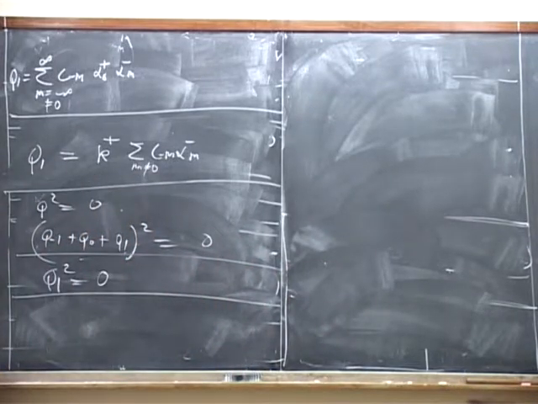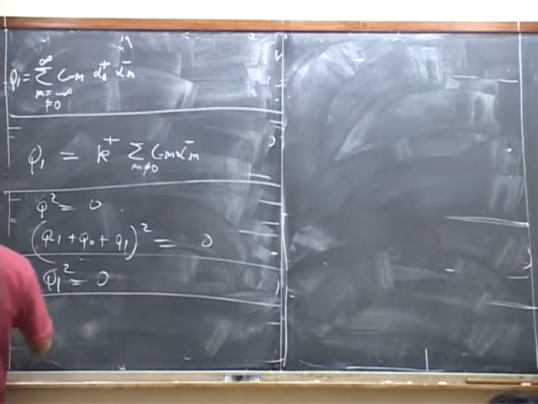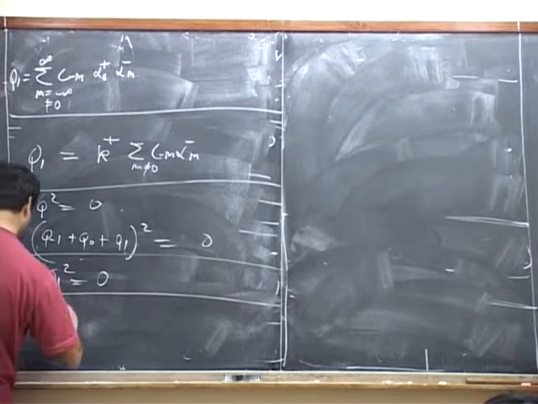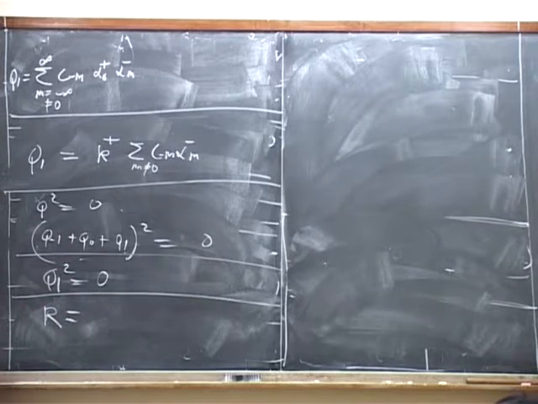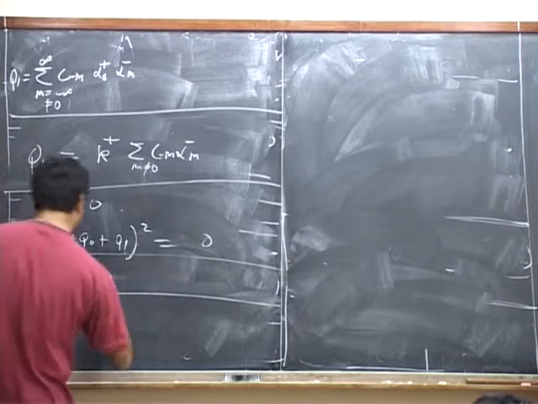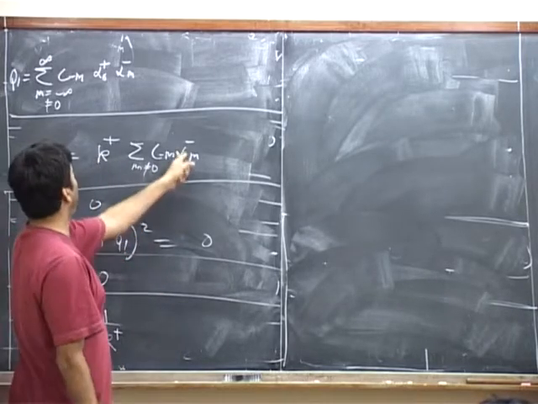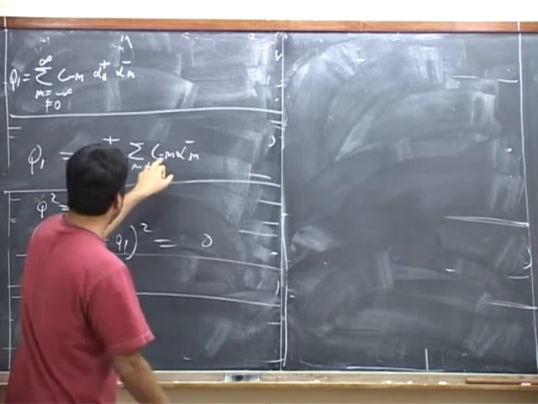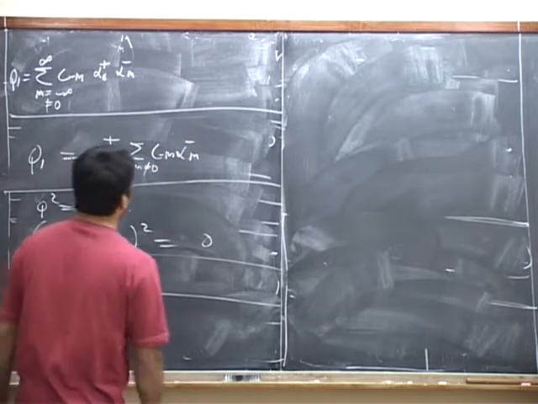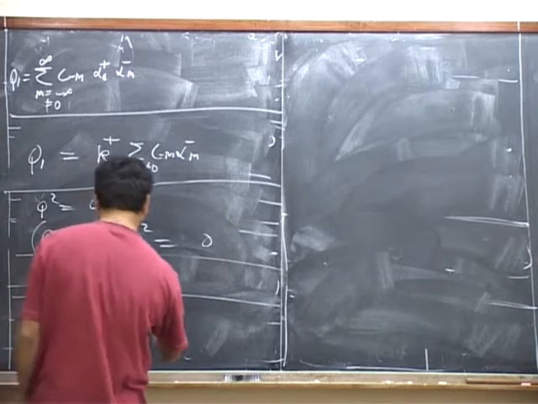Okay, so how do we proceed? The first thing I do is to define an operator R, which I just pull out of a hat. I define my operator R to be 1 over k plus, and then replace alpha minuses by alpha pluses and c minuses by b minuses.